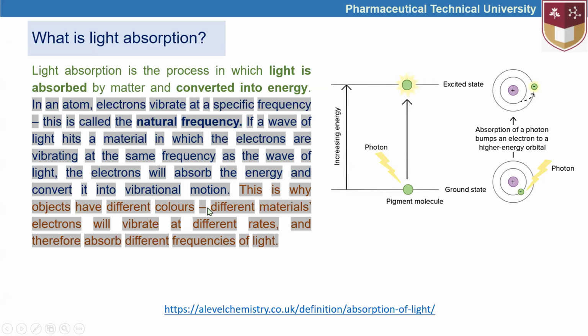This is why objects have different colors: in different materials, electrons vibrate at different rates and therefore absorb different frequencies of light. Here we can understand that as the light reaches the electrons, it gives them higher energy, and they jump into an excited state as shown here, which is far from the nucleus compared to the ground state.